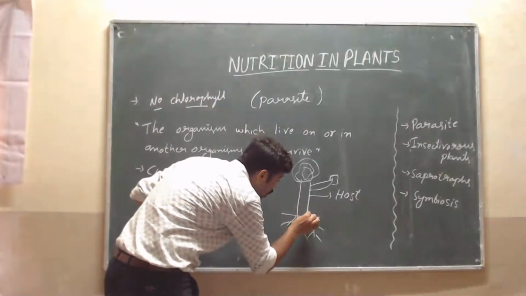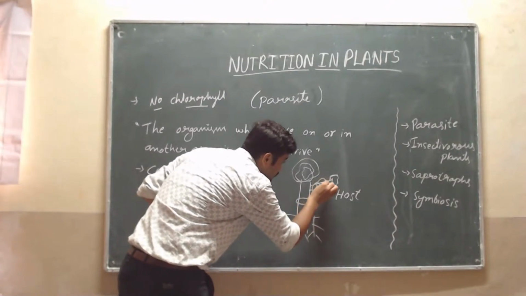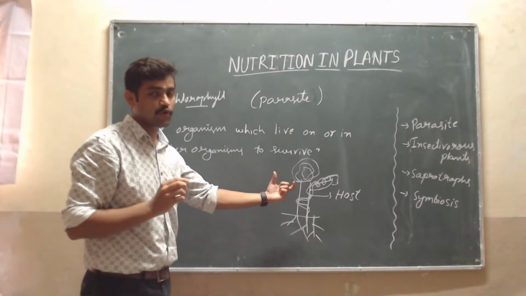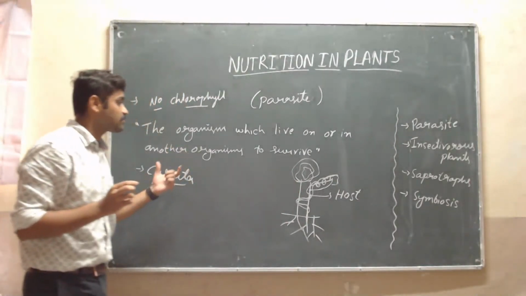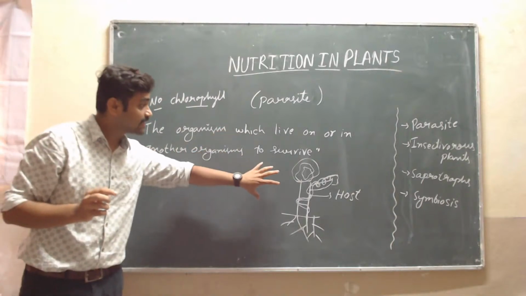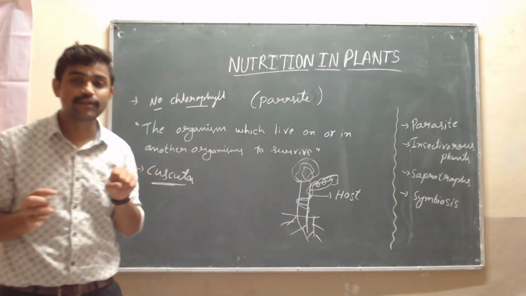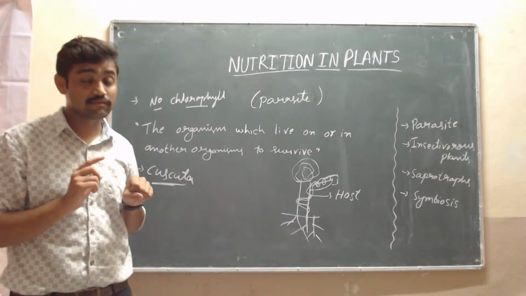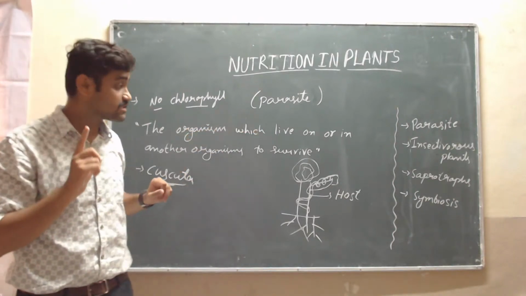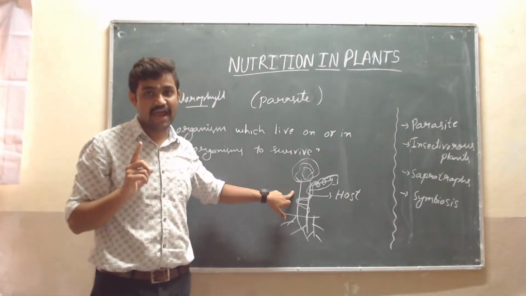It will grow on this plant. It will climb on this host for the purpose of survival, and it will trap its nutrients. Cuscuta is very dangerous and parasites are very dangerous. It will harm the plants.